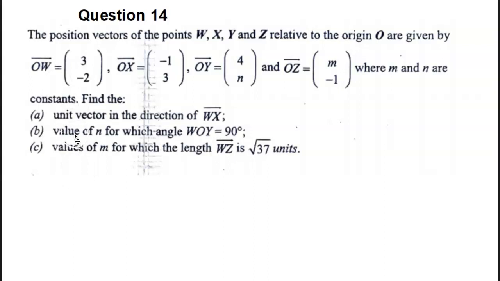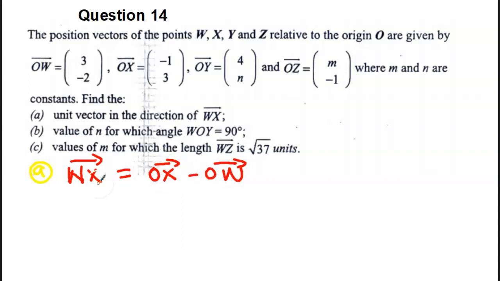So let's start with the first part, the unit vector. We first have to find the vector. This is a free vector, so vector WX is the position vector of X minus the position vector of W, so the terminal minus the initial.